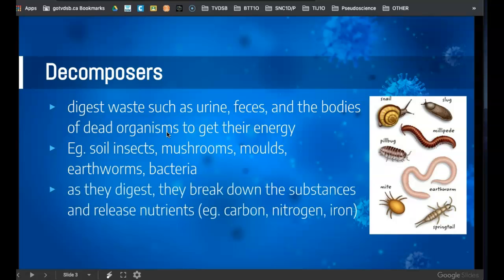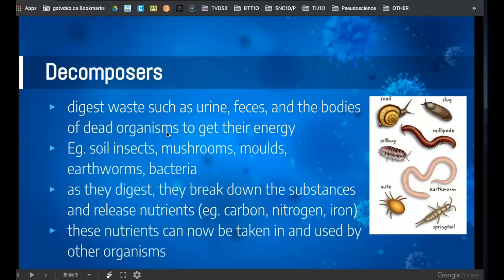As they digest, they break down the substances and release nutrients, things like carbon, nitrogen, or iron. Conveniently, those can now be taken in and used by other organisms. Most specifically we're talking about plants, but they also get used by bacteria and other smaller organisms.